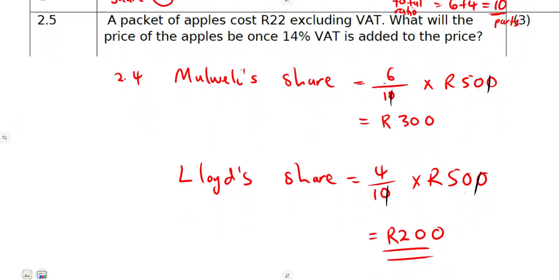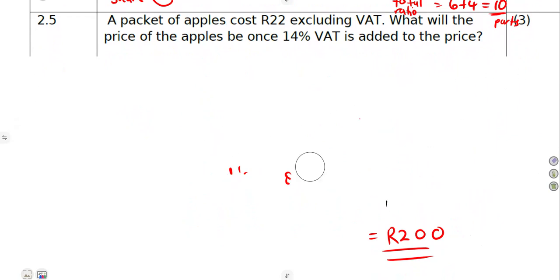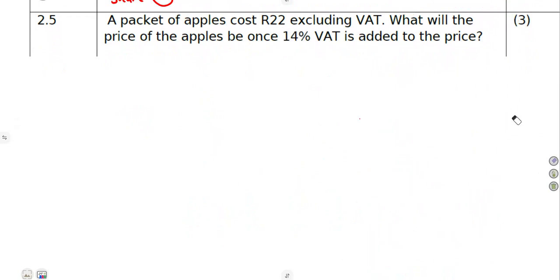All right. A packet of apples costs 22 Rand on question number 2.5. But this excludes, meaning excluding VAT, value added tax. What will the price of apples be once 14% value added tax is added to the price?